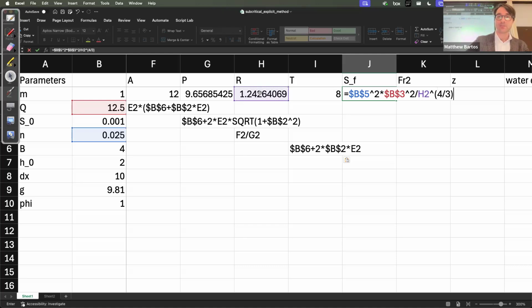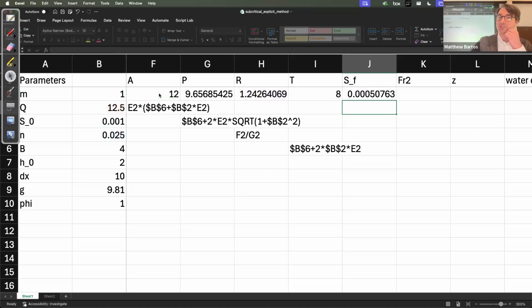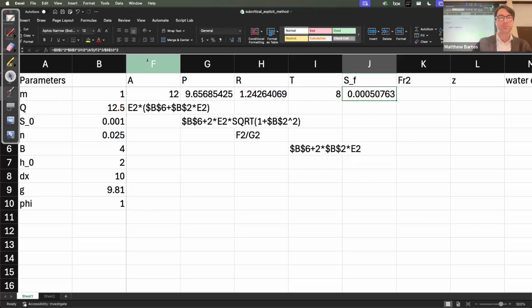That's the hydraulic radius to the 4/3 power, divided by the area squared, that's cell F2 squared, divided by phi squared, that's absolute cell reference B10 squared. I don't think I have any parentheses, so I think that is correct. Yeah, that looks right.